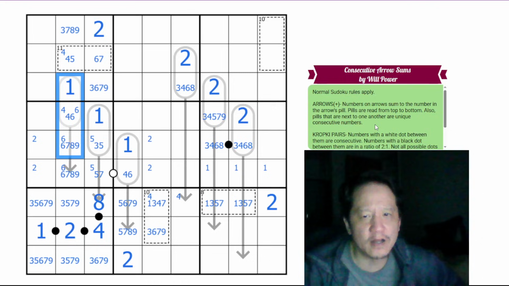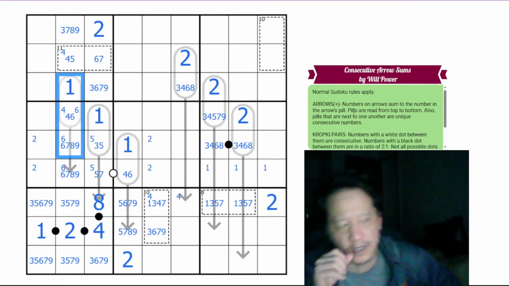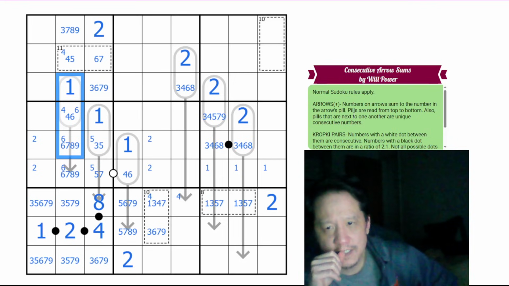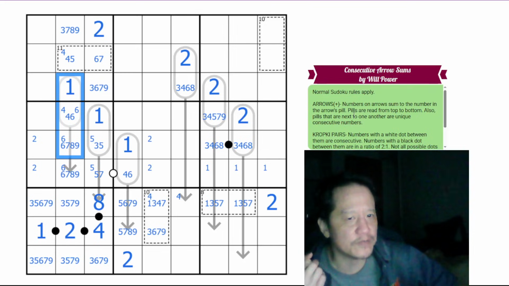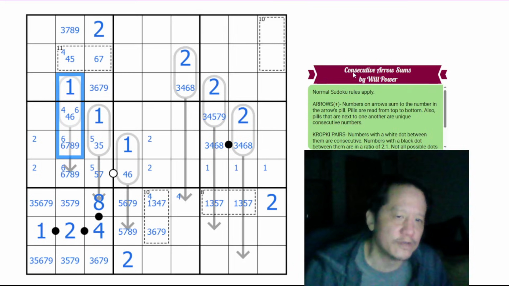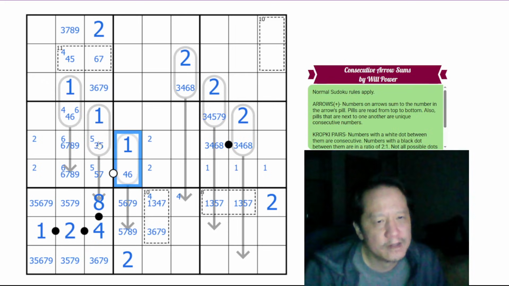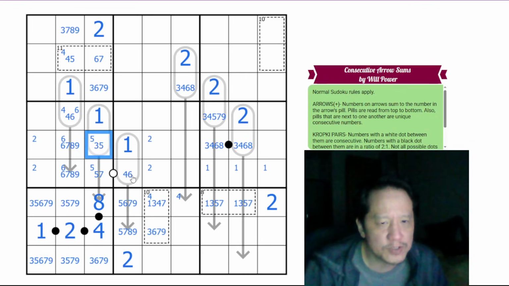Because it says otherwise, I don't understand why you would say also pills that are next to one another are unique consecutive numbers. You could just say consecutive numbers if they're not unique, right? So therefore, these would have to be different than this necessarily, right? So it would have to be like 4, 5, and 6. Well, if this is 5, this would have to be greater.